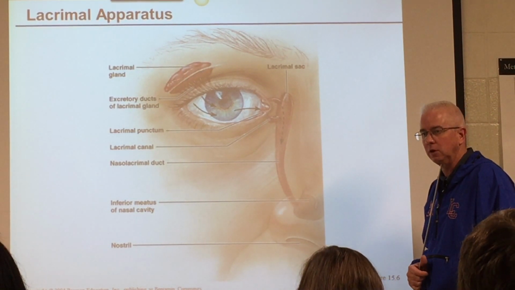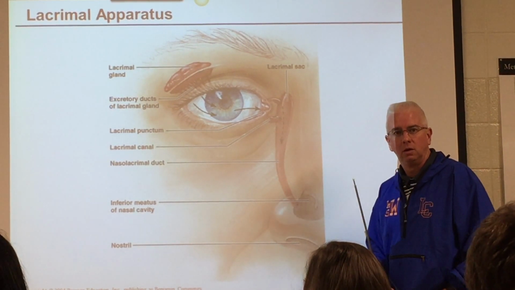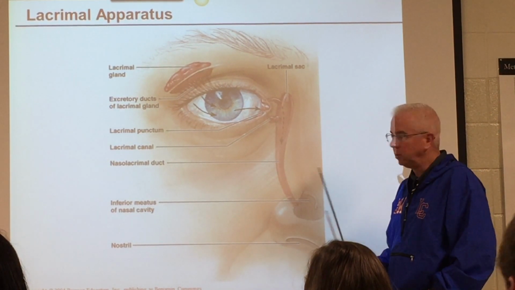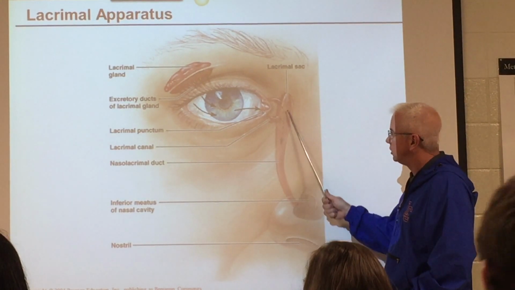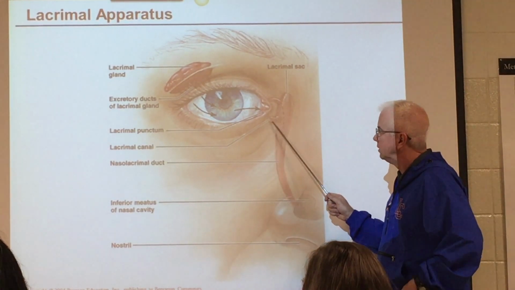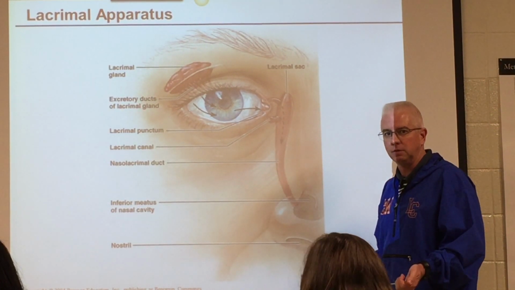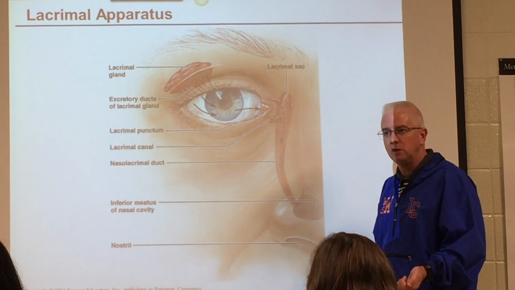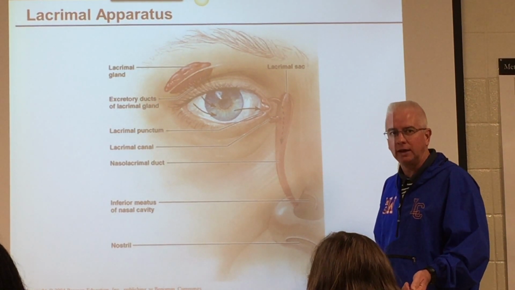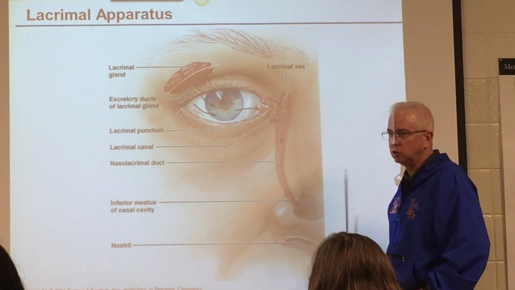And oftentimes when you have nasal congestion, something wrong with the lining of the mucosa, it will cause inflammation within these ducts, within this puncta system, and then what happens? Your eyes water. That's lacrimal gland secretions that are unable to make their way into the drainage system.